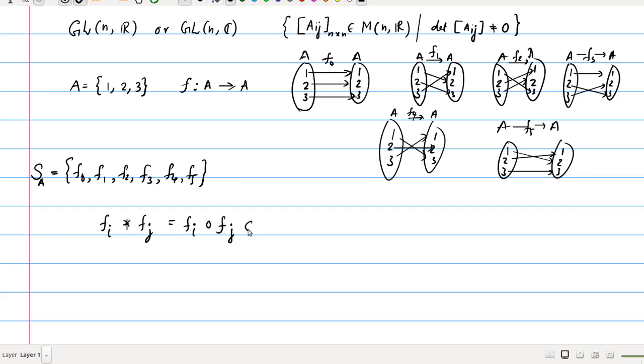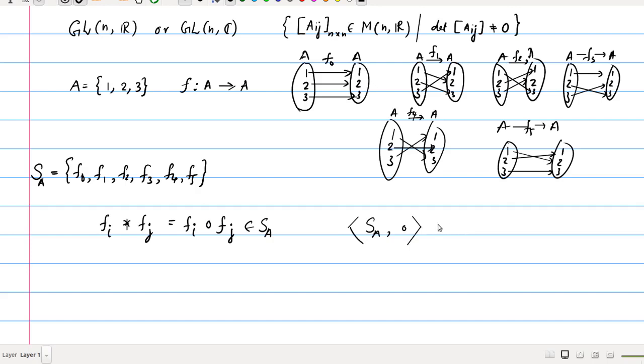So it should be an element of S_A itself, because S_A consists of all one-one onto functions from A to A. So we can say that composition is closed on S_A, because a composition of any two elements of S_A is again in S_A itself.